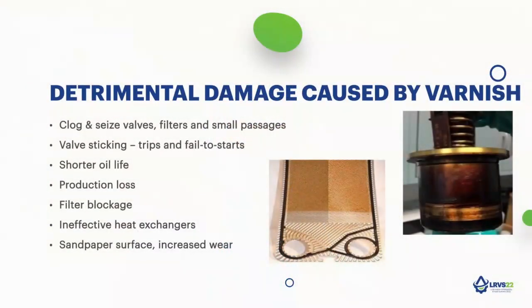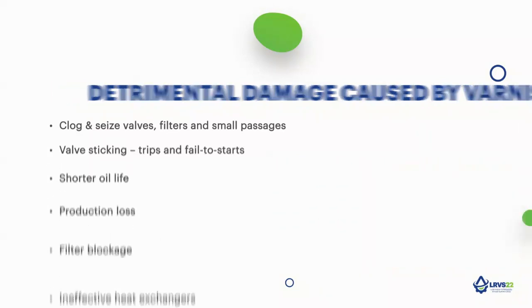It can also cause a sandpaper-like surface as well. As varnish goes through the thermal degradation process, it does create a thin layer, like a layer of paint per se. It's lacquer-like and hardens over time, but the surface of that can be very abrasive and can be very damaging to the system.